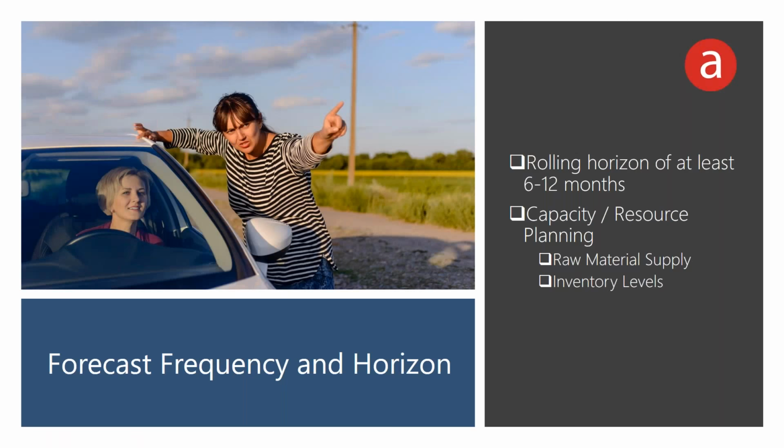So at least from our experience, we've seen that at a minimum, we do want to see a result from a statistical forecast for at least 6 up to 12 months in the future. A rolling horizon essentially means that as we move forward in time, I want to ensure that I always see the next 6 to 12 months.